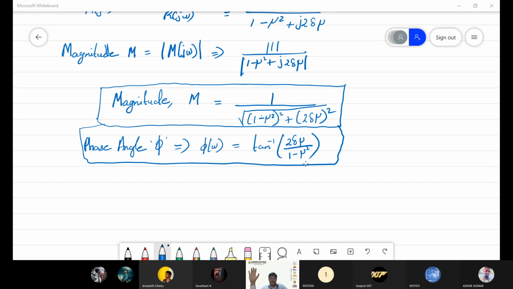After 10, it is not 11. After 10, it will be 20, 30, 40, 50. Such a type of graphical representation, we call a semi-log graph sheet. You have decades of columns available in the semi-log graph sheets. And there only we are going to plot this Bode plot, that is one.